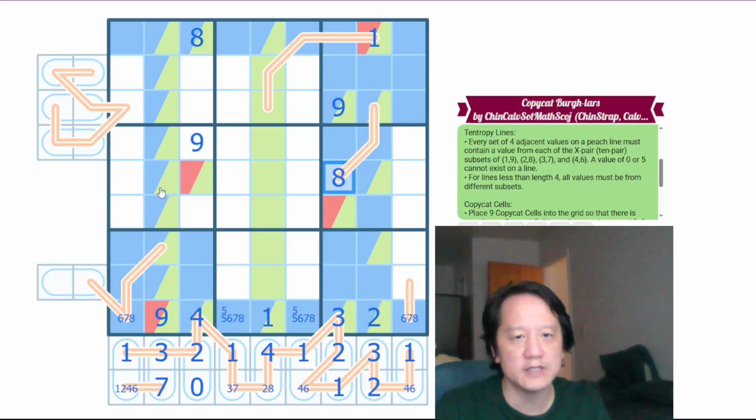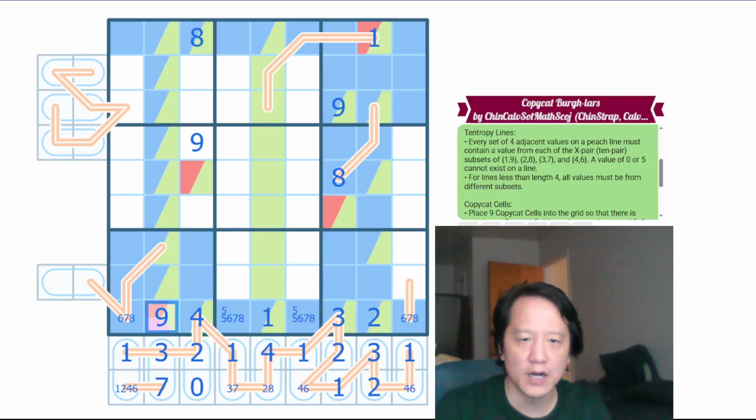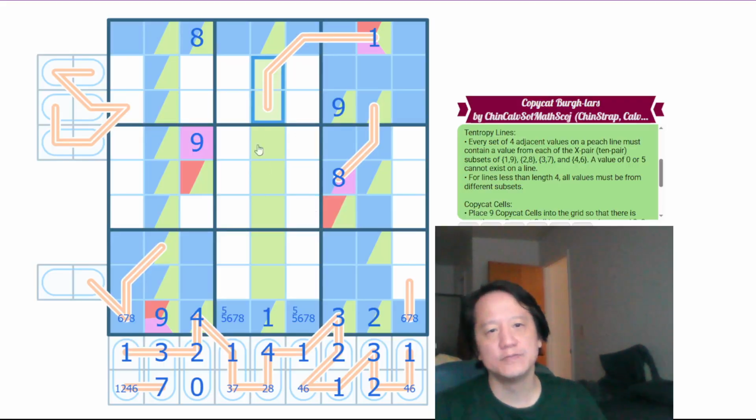This has to be 8 in value. This matches that. So let's also mark what is the value being copied. This is copied, this is copied, and this is copied. This copies this here. I don't know about this.